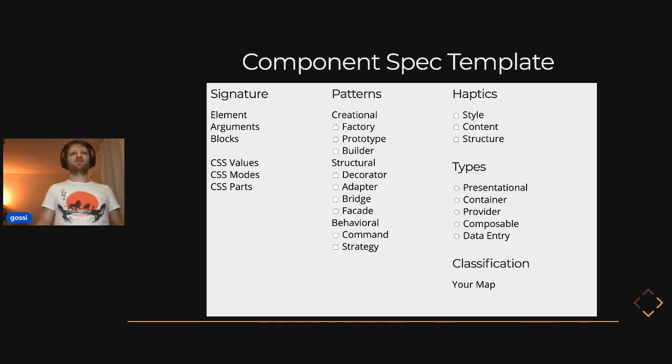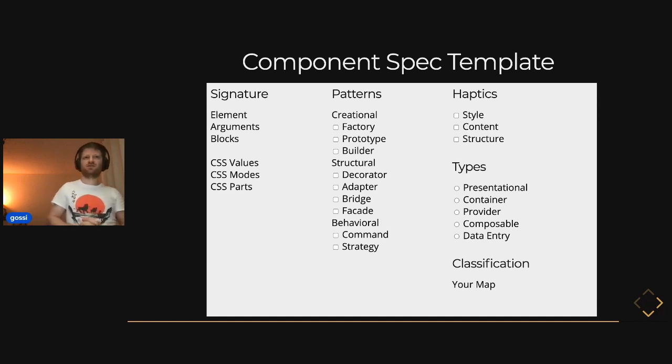And so the question is, what can we do with that? If we use the component spec template, it's great to actually describe a component through that. For things like the patterns and the haptics, you can just do check marks and say, yeah, my component is implementing this pattern or this haptic. You can select the type. The signature is what you can express through the upcoming signature type, as it's currently in RC.